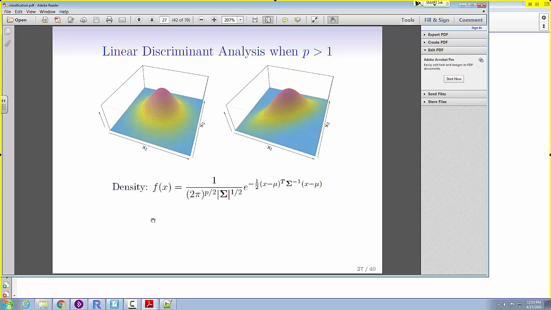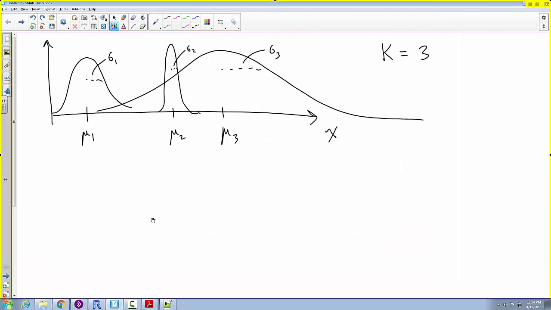Delta K is a distance, let's see, X transpose K. Delta K is based on the distance between the input variable, or in this case variables, and the estimated center of each of the class-specific distributions. What does that mean? Back in the picture, suppose we have, this is our model, that there's 3 classes. Each of the classes has its own mean and its own variance.